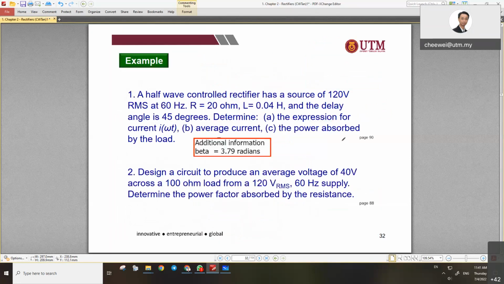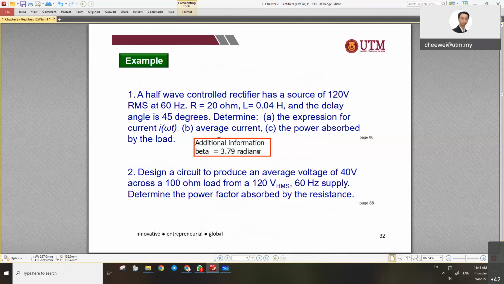Okay, there will be 2 examples here. Additional information is given here because you don't know the beta value. If you don't know the beta value, you cannot integrate. You can start, but we don't know where to stop. So given here is 3.79 radians.